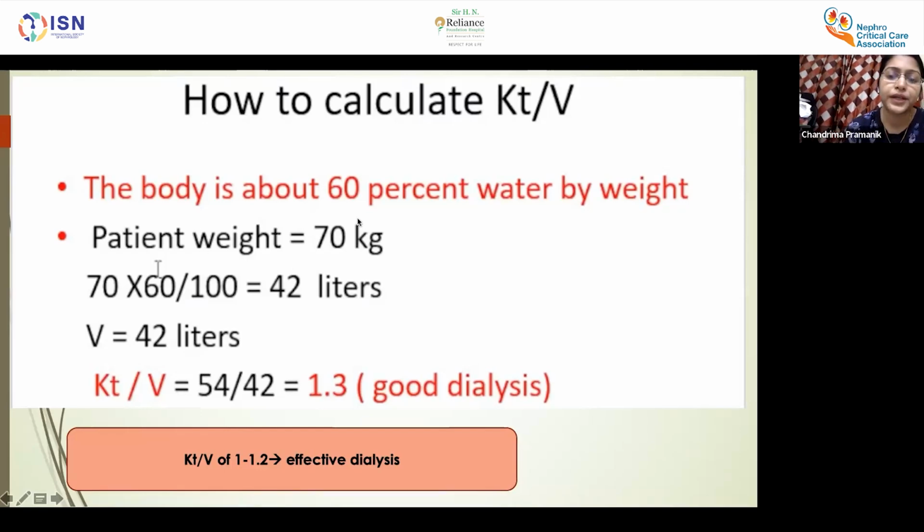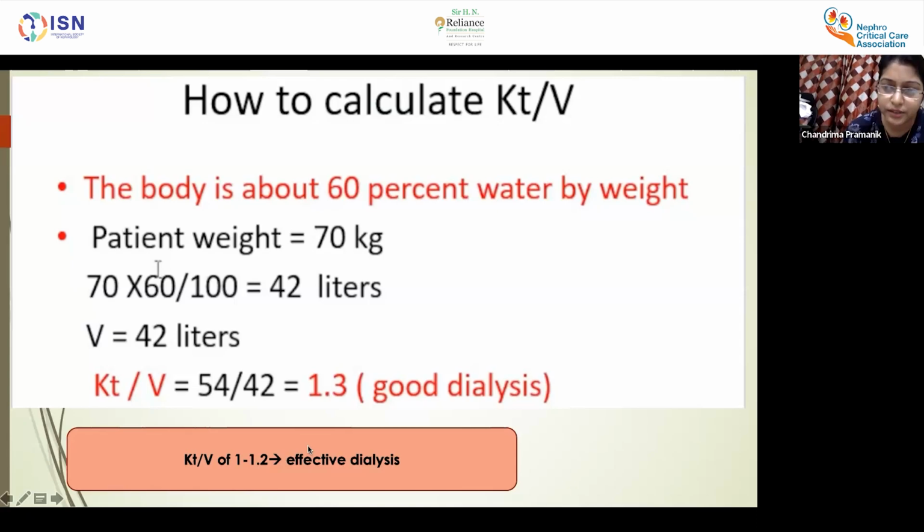So if a patient's weight is 70 kg, the volume of distribution of urea comes around 42 liters. That is 60% of 70, which is around 42 liters. So now if I divide KT by V, it is around 54 by 42, which is 1.3.